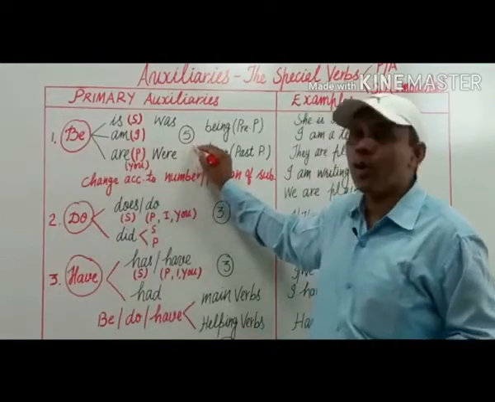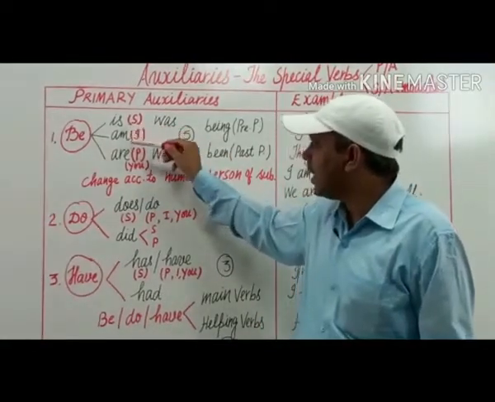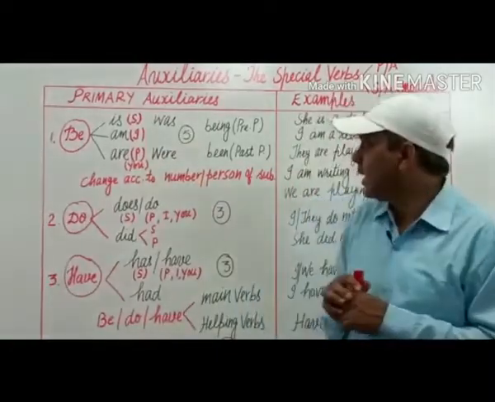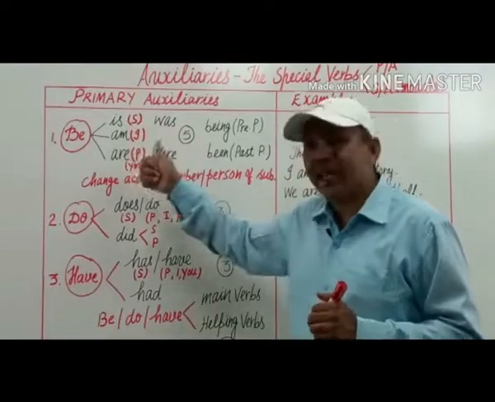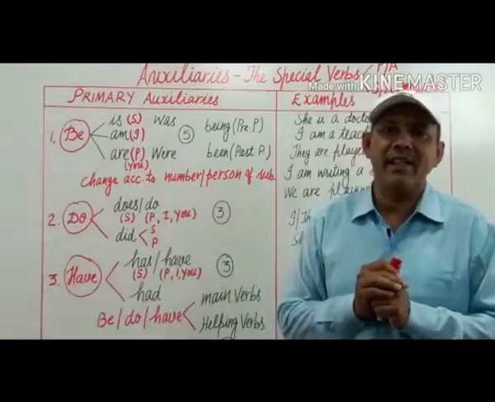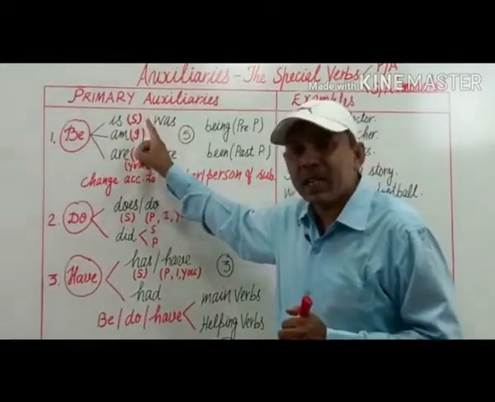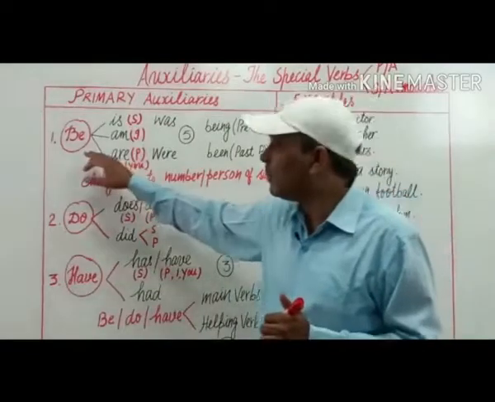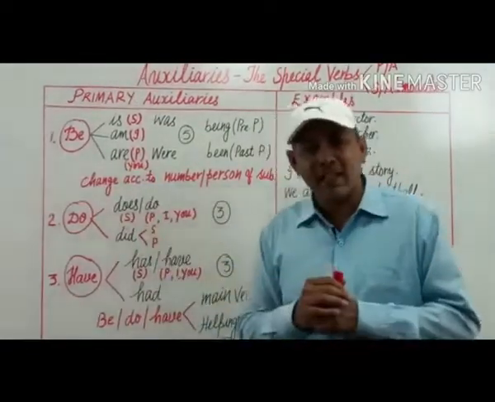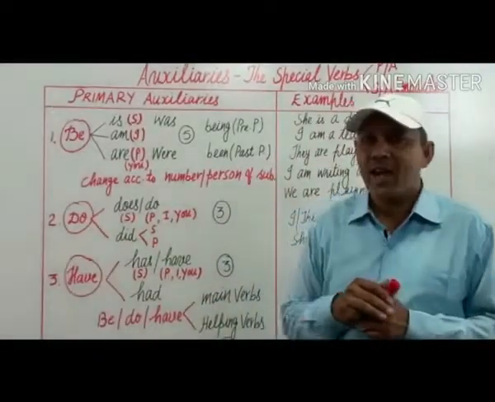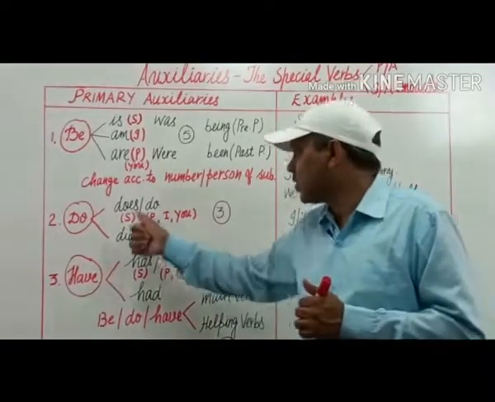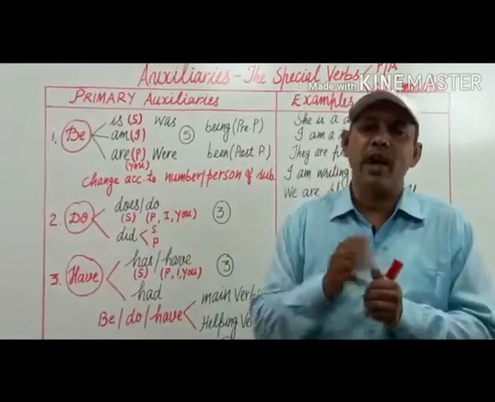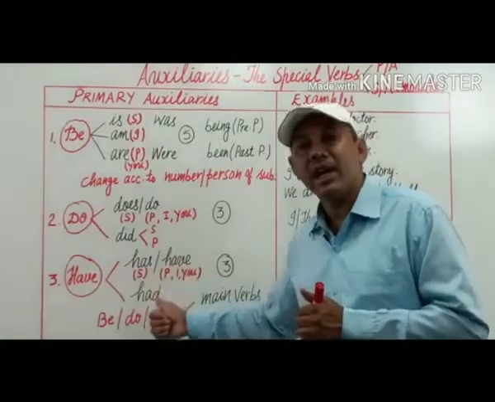Be has 5 forms, for example, is, am, are, was, were. Be has 5 basic forms which are used according to the change in number and person of the subject in a sentence. When the number and person of the subject change, these different forms change. Those are what we call the forms of be. Now let us talk about do. Do also has 3 forms, and you have already heard about those 3 forms: do, does and did. And the next is have. The primary auxiliary have also has 3 forms: has, have and had.